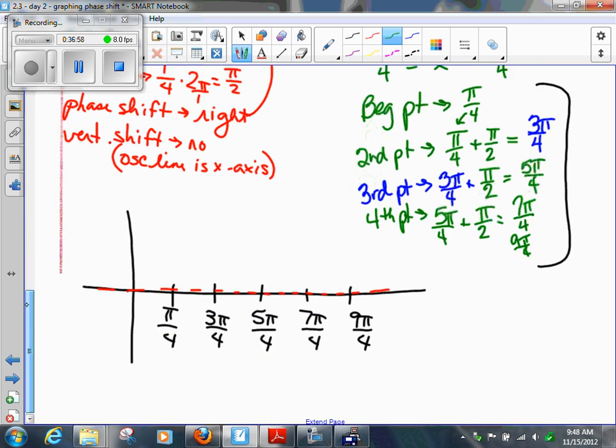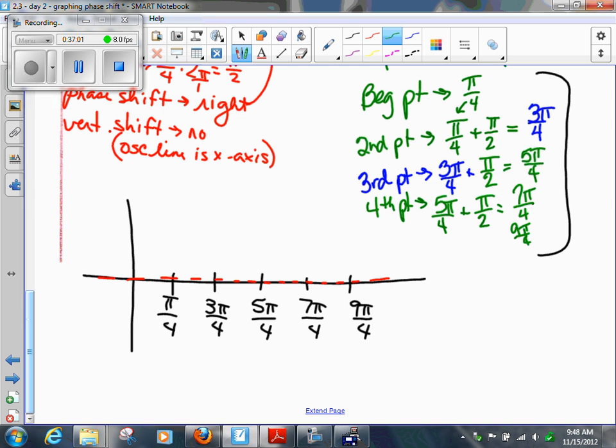So is this an up cup or a down cup? Up cup. All right, so it's going to 1, and it's going down to negative 1. Where does it start? At pi over 4. It's going to go down through 3 pi over 4. Our minimum value is at 5 pi over 4. Come back through at 7, and up at the top, 9 pi over 4.